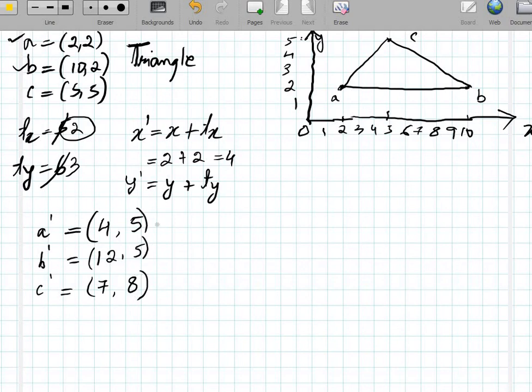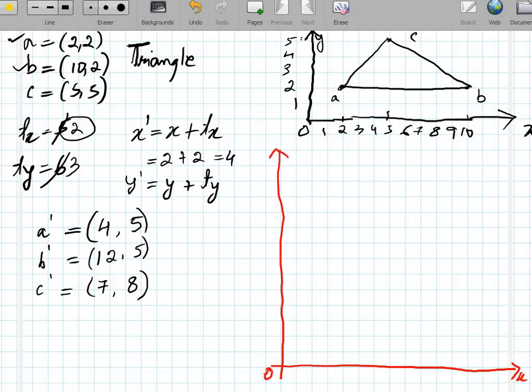Now we can plot the new coordinate points like this. Here is your 0 on the x-axis, this is your y-axis. So we have 1, 2, 3, 4, up to 12, 13, 14, and so on. Here is 1, 2, 3, 4, 5, 6, 7, 8, 9, 10.